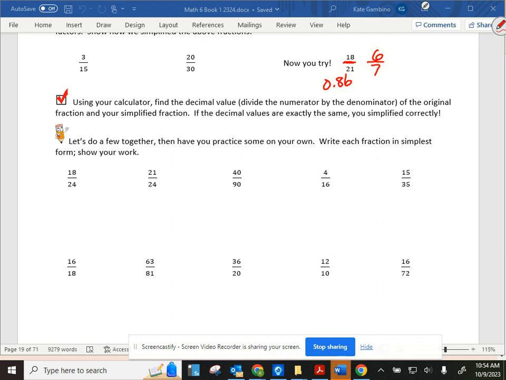And I want to see the exact same decimal, 0.86. If they are not the same decimal, then we did not simplify correctly. Okay. It might not tell us that we went as small as we could get, but it will tell us if we divided correctly.